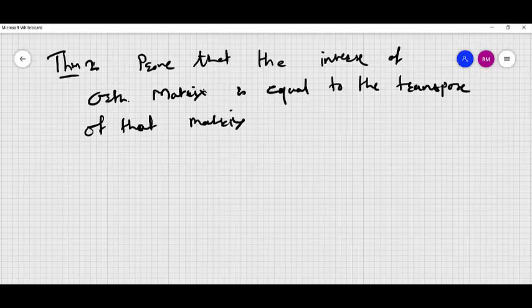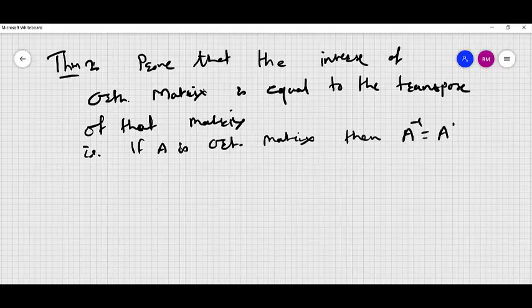That means if A is an orthogonal matrix, then inverse of A is nothing but A transpose.